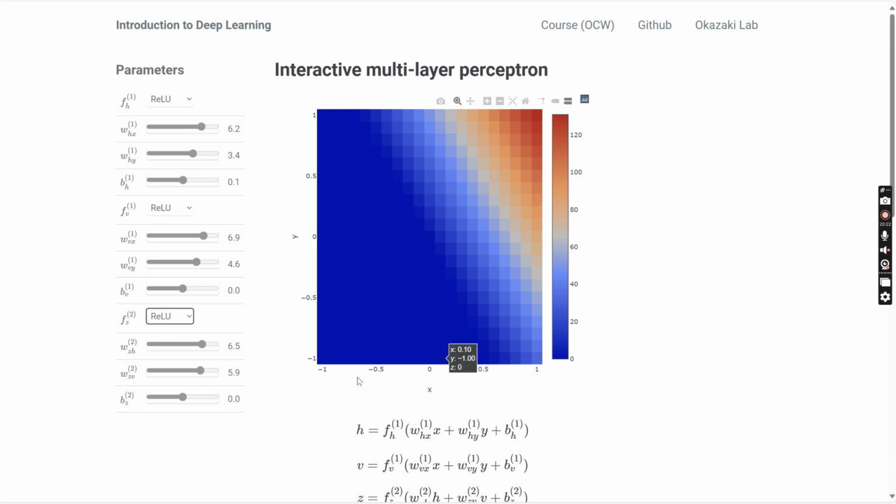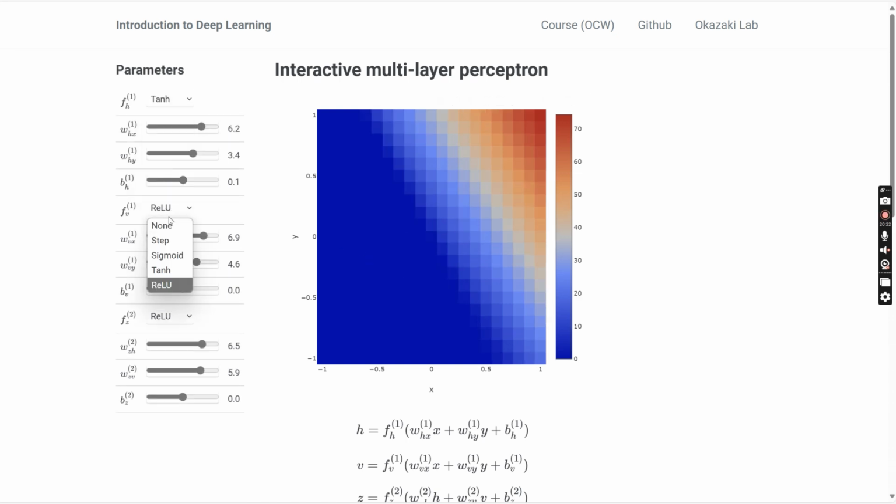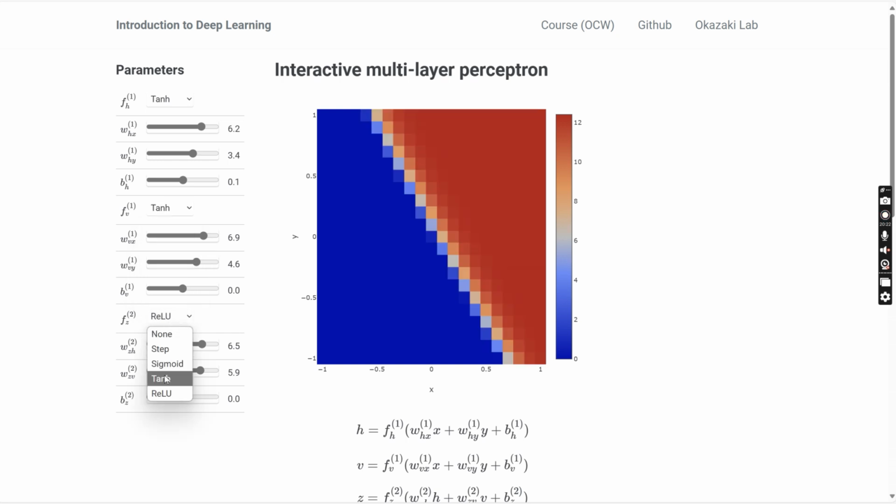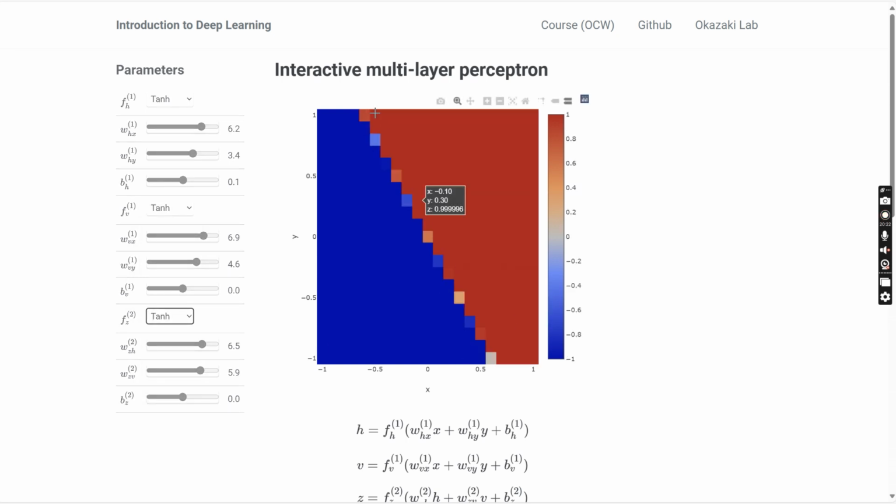It's kind of a mix up. Okay, let's try with TANH. See, TANH comes very close to creating the proper boundary for these particular values, whatever values you have here, 6.2, 3.4, 0.1. Okay, let's try with the step function.